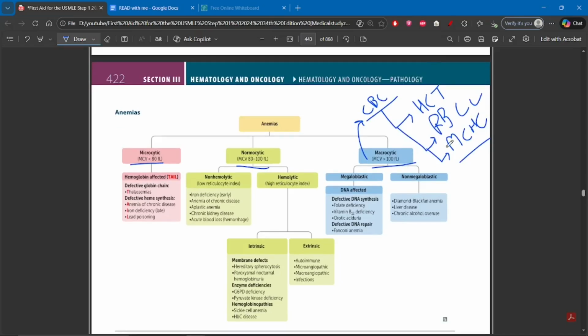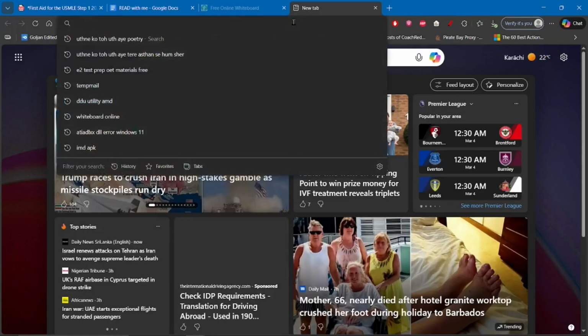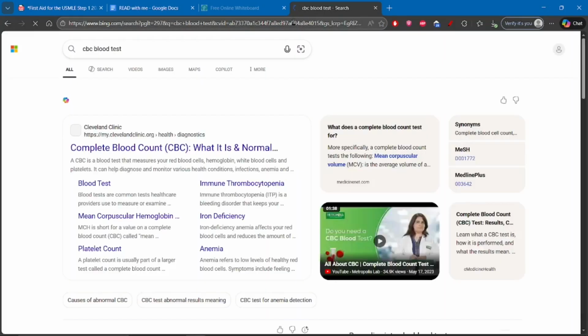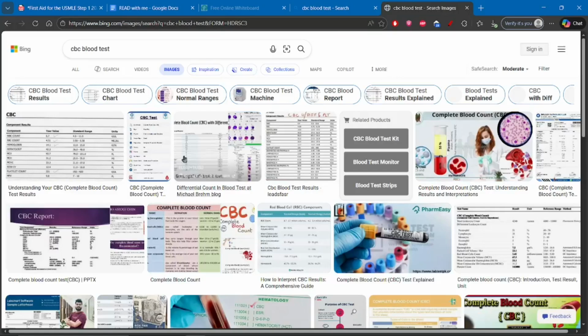So this is all covered by this routine test, looking at these and certain other parameters as well. Let's see if we could find the CBC blood test online, so that it would be a bit easier for us to understand.